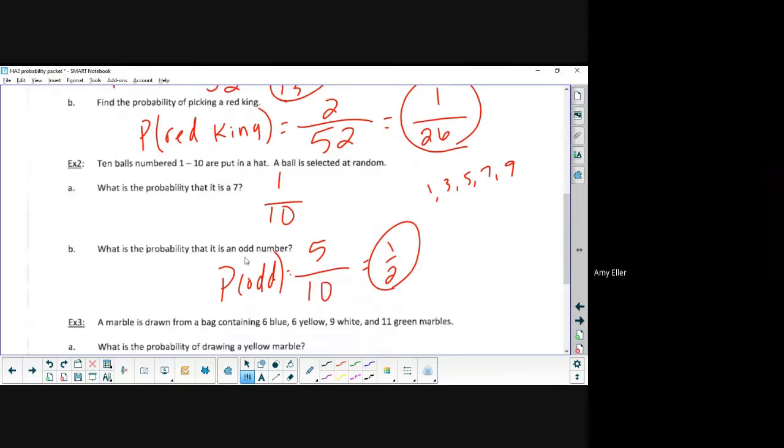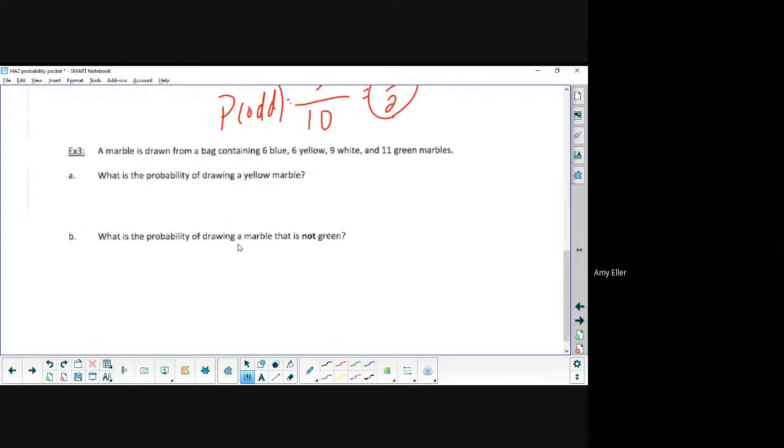Number 3. A marble is drawn from a bag containing 6 blue, 6 yellow, 9 white, and 11 green marbles. What is the probability of drawing a yellow marble? Go ahead. Usually with probability, or any of you taking stats next year, there's a lot of reading involved.